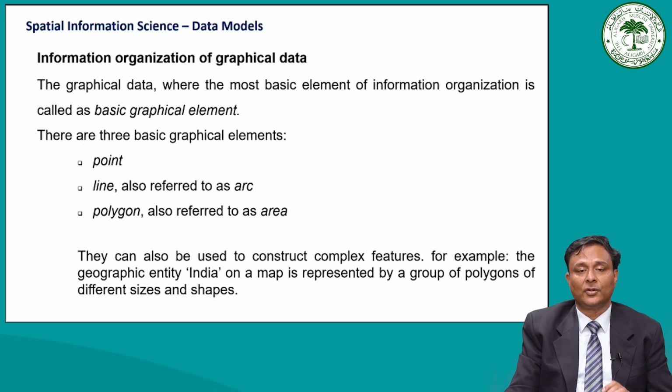For example, the geographic entity India on a map is represented by a group of polygons of different sizes and shapes. If you just look at a map of India with the political state boundaries, this can be very easily understood: the complex features of political boundaries in the form of state boundaries are represented as polygons which are different in size and shape.